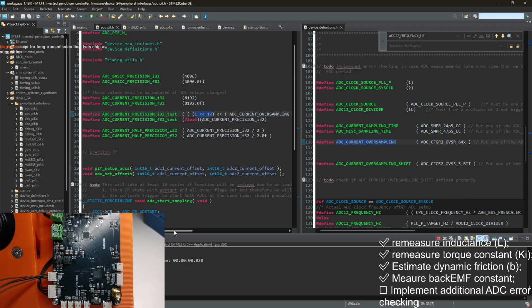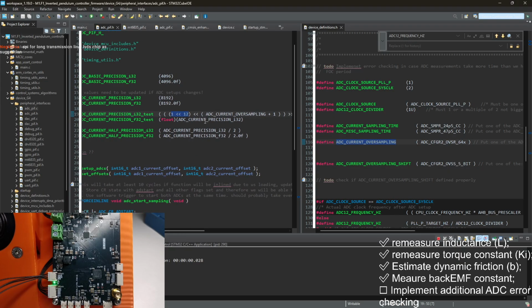Then we implement oversampling, and oversampling requires two parts. It requires the number of samples, the number of times you oversample, and then the number of times you shift this oversampling value to get your final value. When we say the number of times we oversample, we need to increase the resolution.